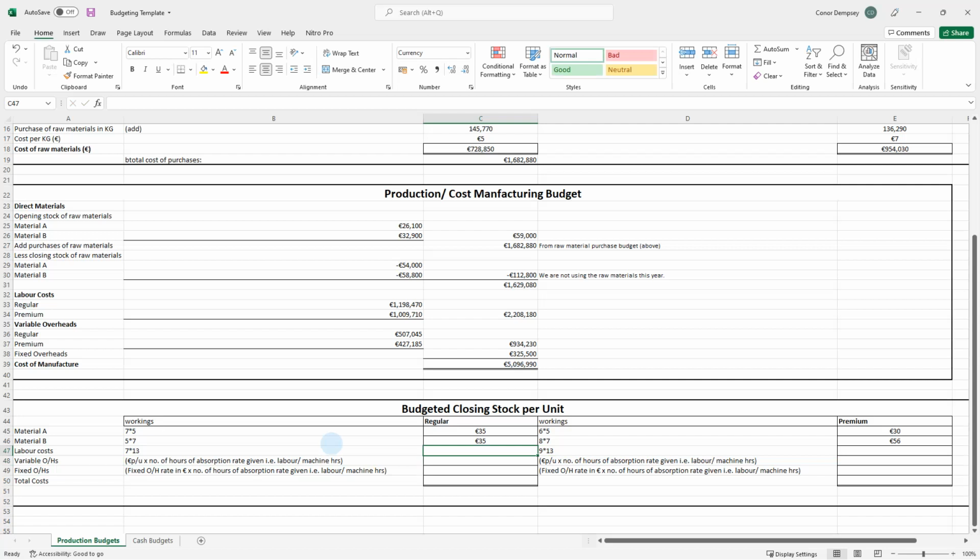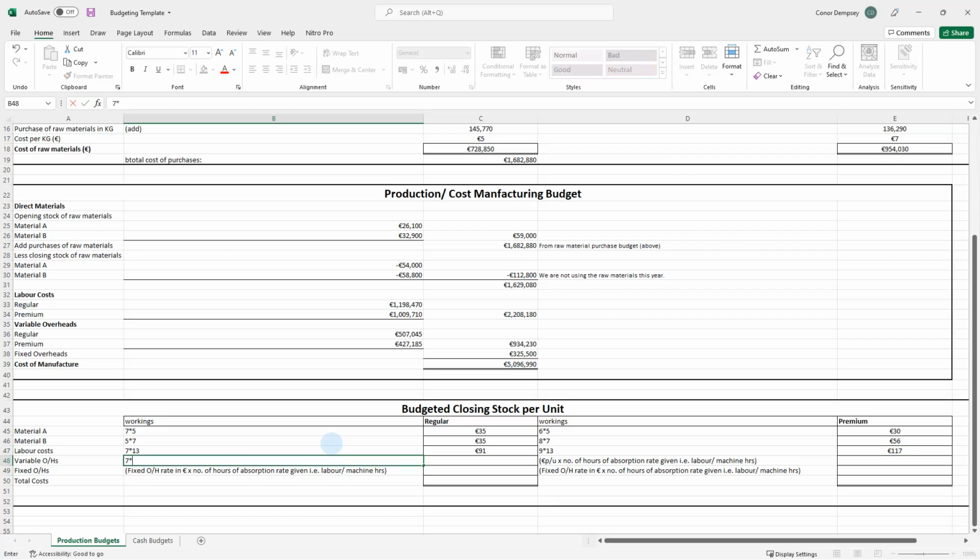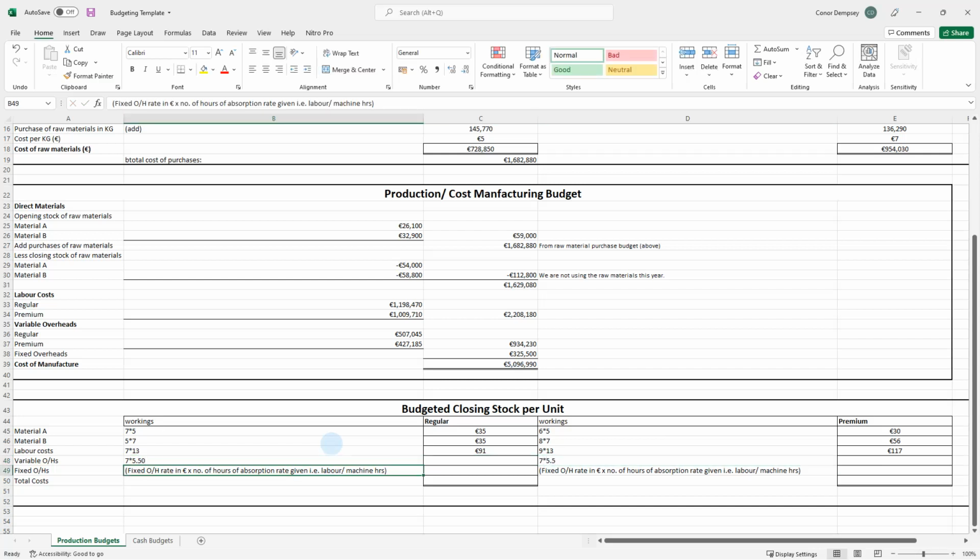So 7 by 13 is €91. 9 by 13 is €117. So we can see that the premium is more expensive, which makes sense. Variable overheads, it's still 7 hours, but at 5.50. The labor hours do not change, but the rate changes for our variable costs.